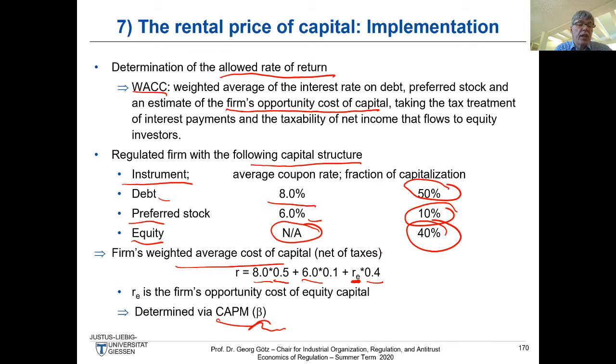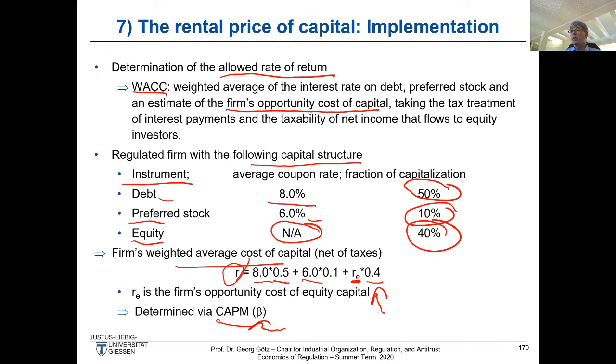Given that your debt level might be rather low, if you want to produce a higher weighted average cost of capital, and if your debt is only 2 or 3% in the situation right now, you could increase your WACC, your allowed rate of return, by increasing your equity share from 40 to say 60%, because then your WACC would increase. However, there is a provision in regulation that the maximum amount of equity you can use is 40%.